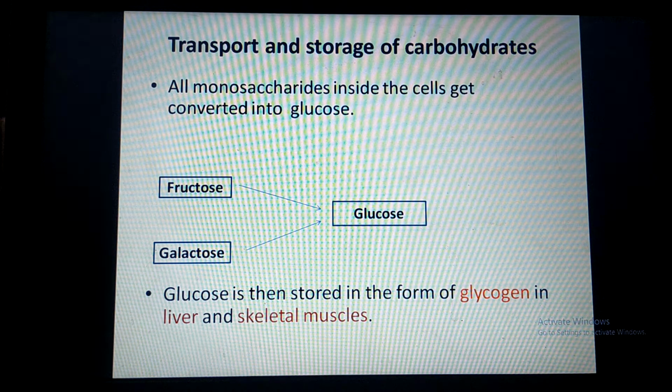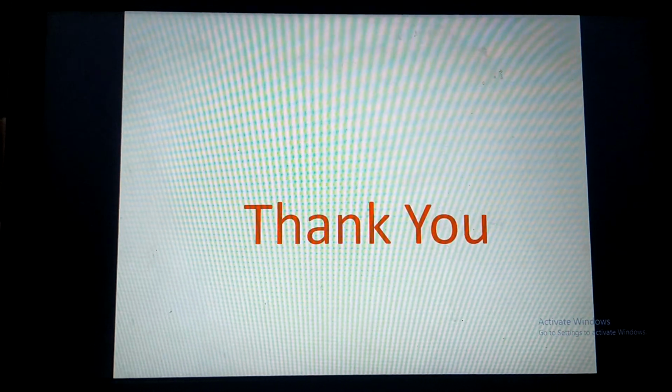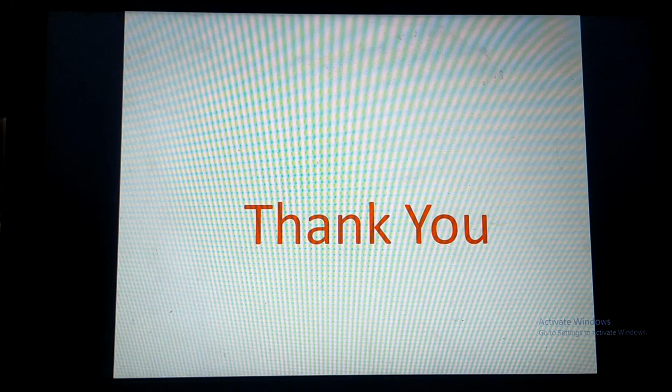Glucose is either utilized for energy, or it may be converted into fat, or into various amino acids, and the extra amount of glucose inside the cell is converted into glycogen in liver and skeletal muscles. So glycogen is the storage form of carbohydrate in animals. This is about the transport and storage of glucose.